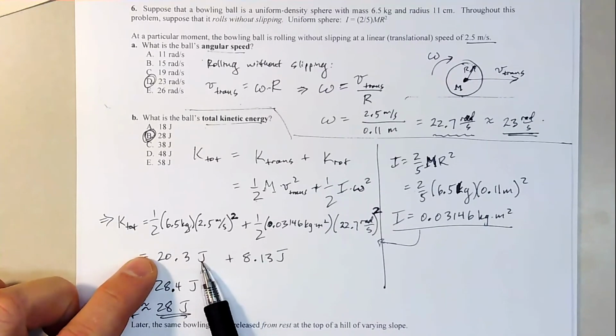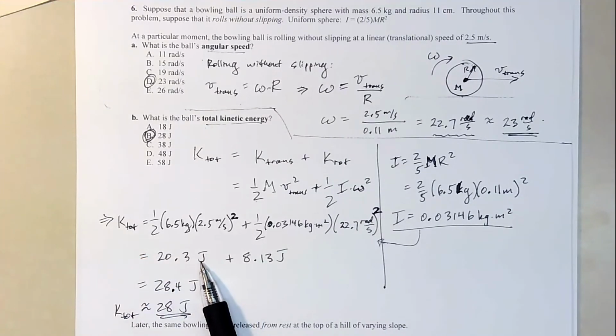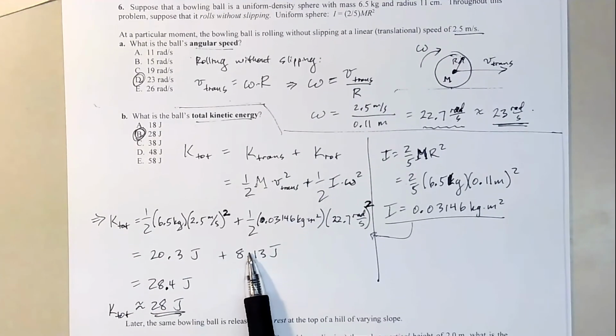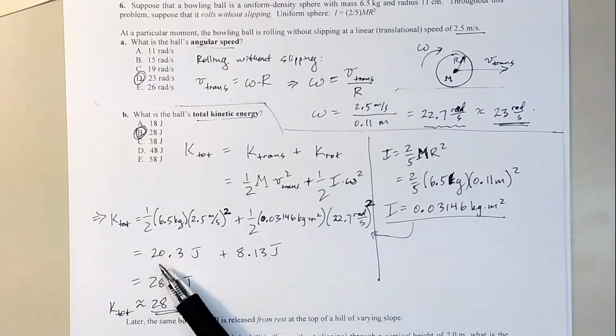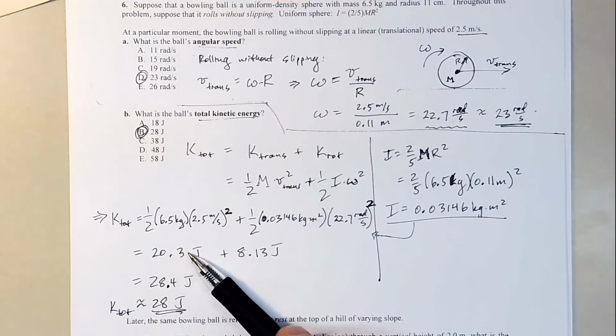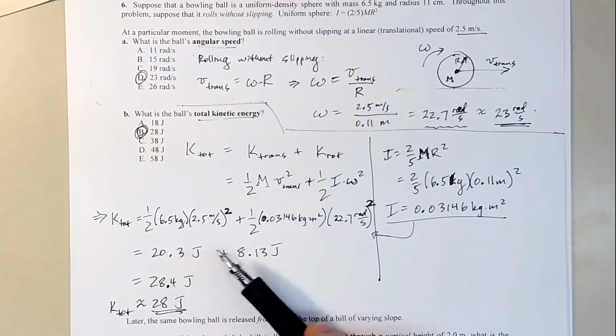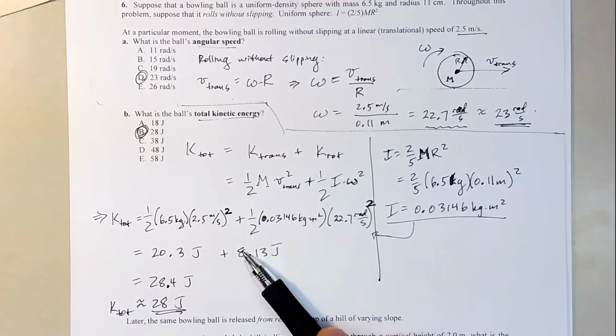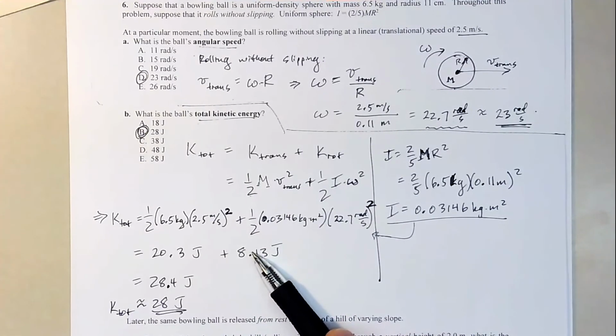Notice how it has about 20 joules of translational energy and about 8 joules of rotational energy. So there's a little over 2/3, maybe almost 3/4 of its energy in translational motion, and about 1/3, maybe slightly less, of its energy in rotational motion.